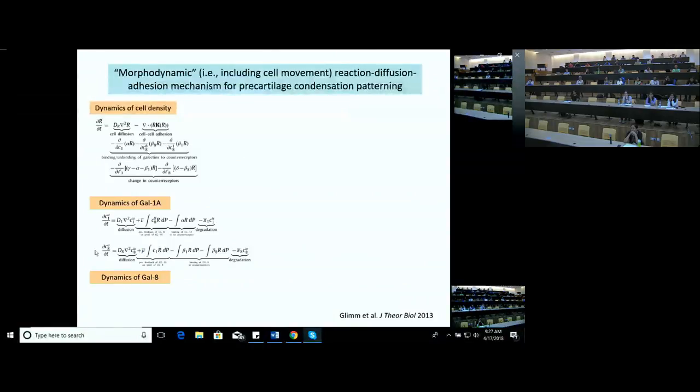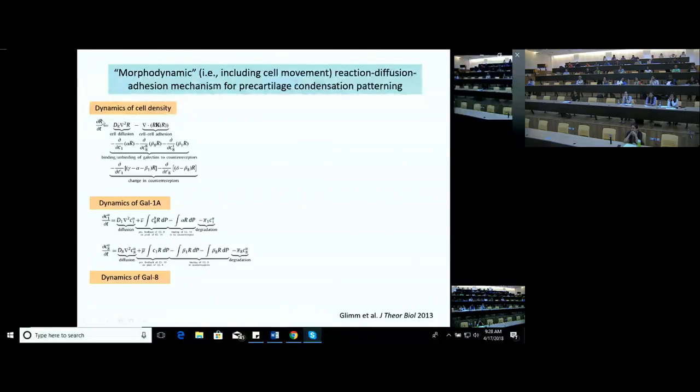And here is the set of integral differential equations that we came up with that accounted for all of the phenomena that we had observed, or at least represented it. So we have a term, so this is the dynamic of cell density.